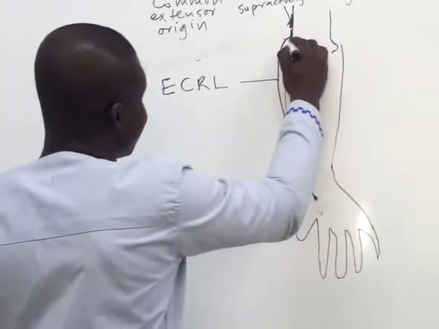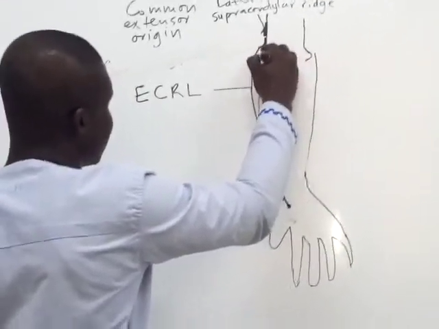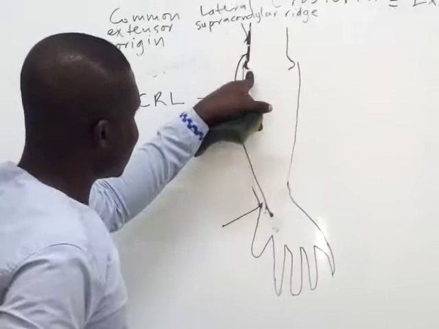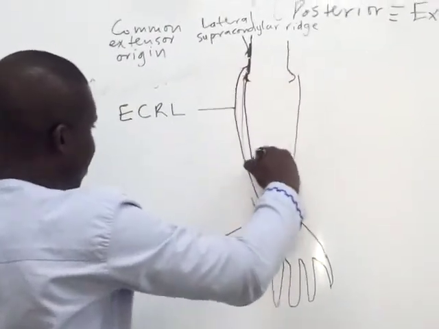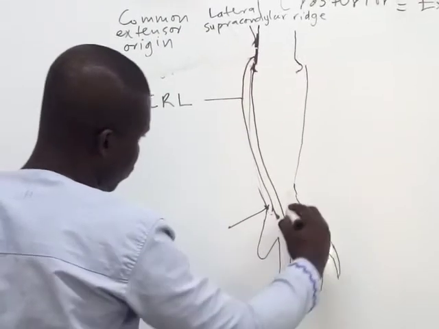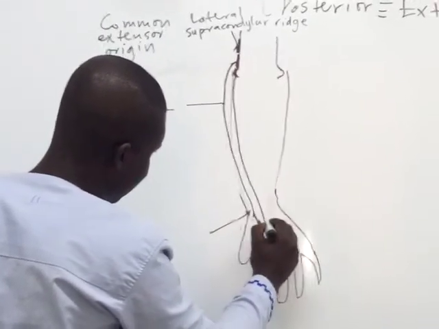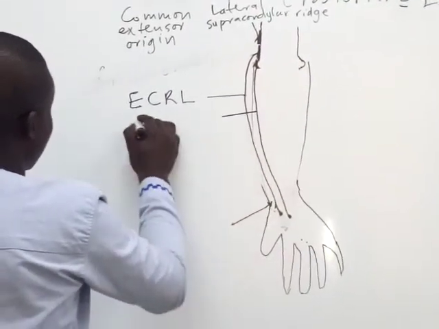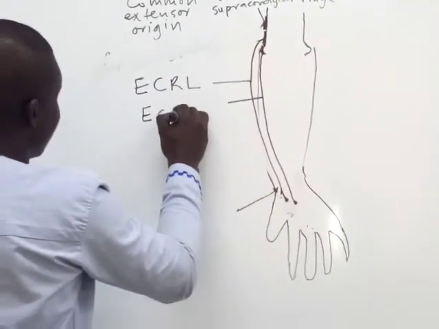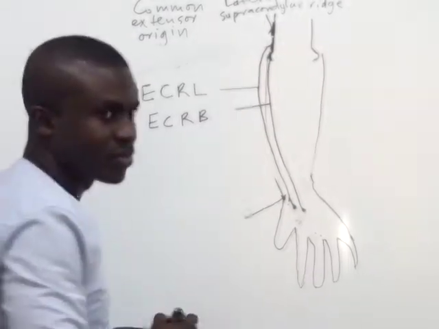Now, another muscle which takes origin from the common extensor origin comes all the way and inserts to the base of the third metacarpal. It is known as extensor carpi radialis brevis.